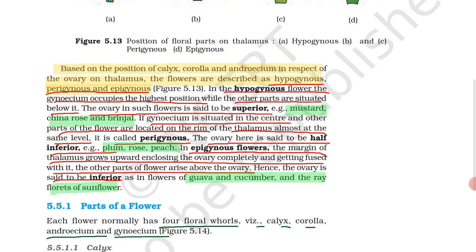So the examples of epigynous flowers are guava, cucumber and the ray florets of sunflower.